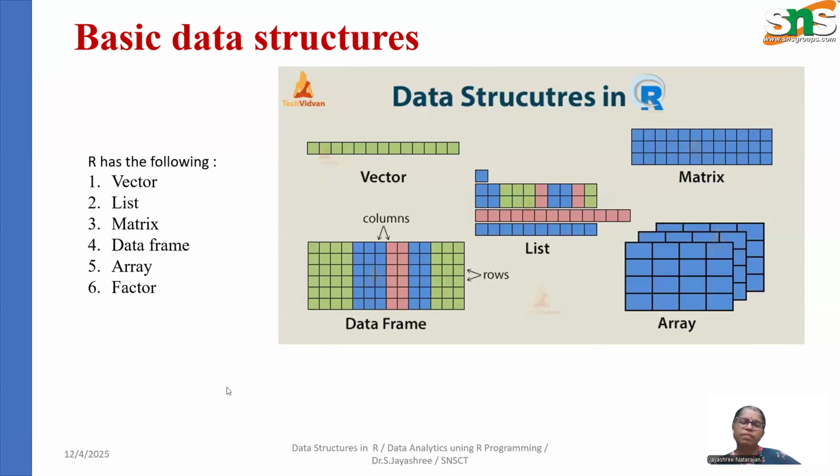A data frame contains a collection of vectors which are arranged column-wise. Then the fifth one is array. An array is a collection of matrices. It contains various stacks of matrices and stores data like a pile. We will discuss these one by one.